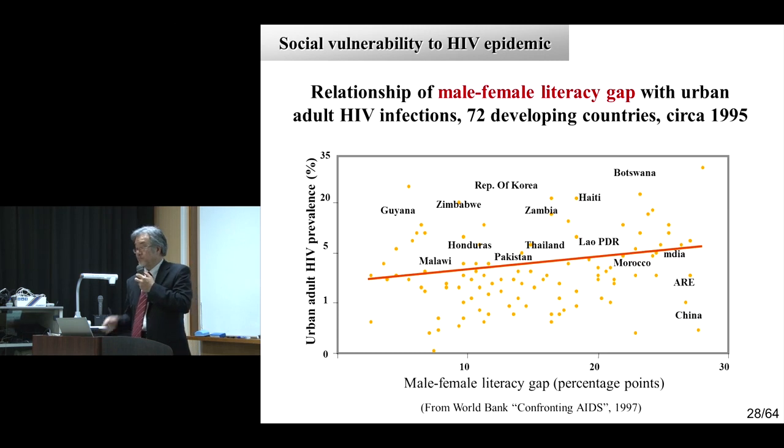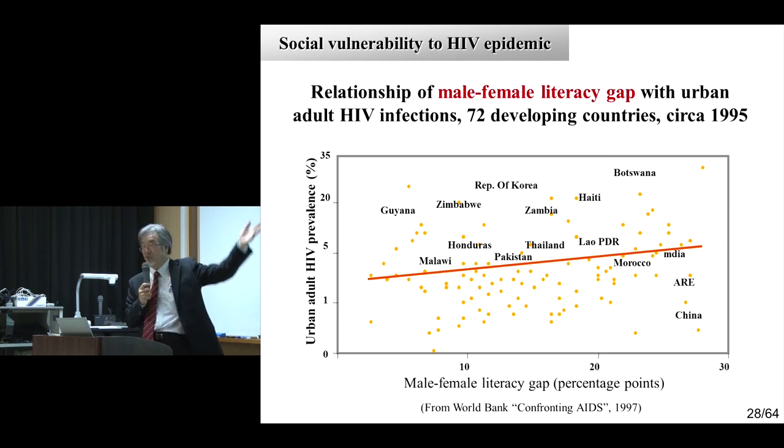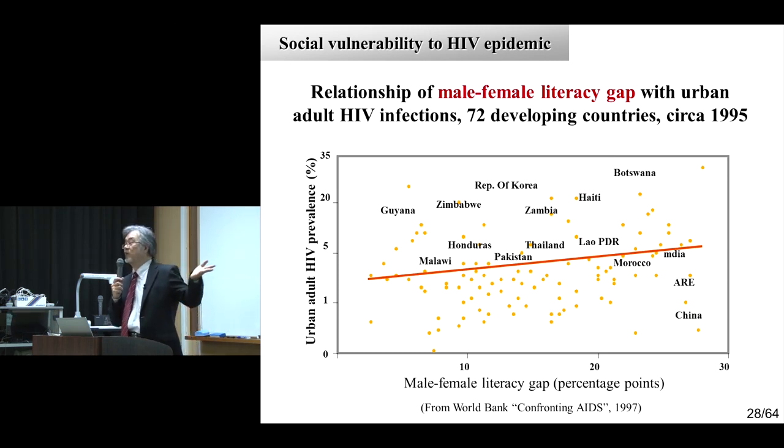But if this is causal, what do you think? Why do you think this relationship exists? Male-female literacy gap. So I think you may know the answer. The female is generally in a disadvantaged situation in terms of education.